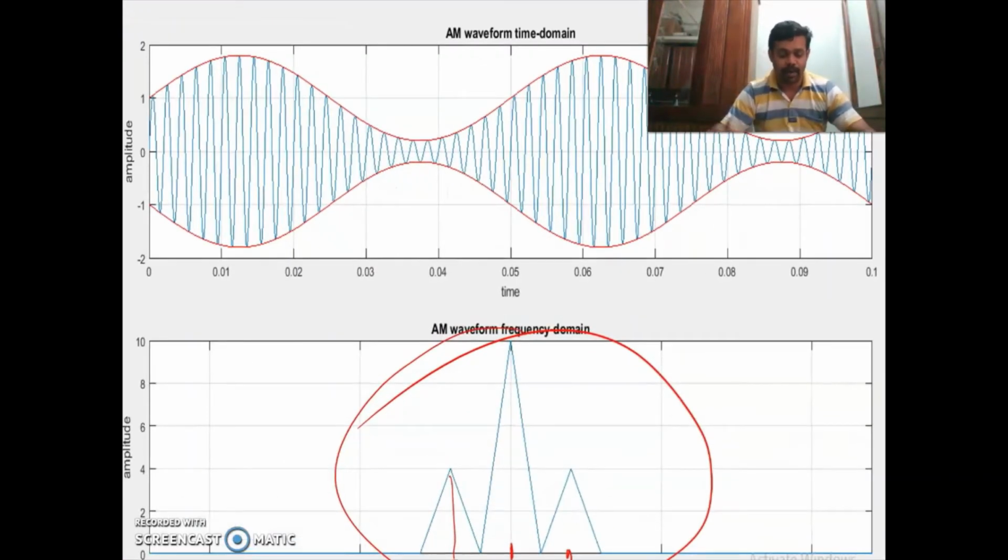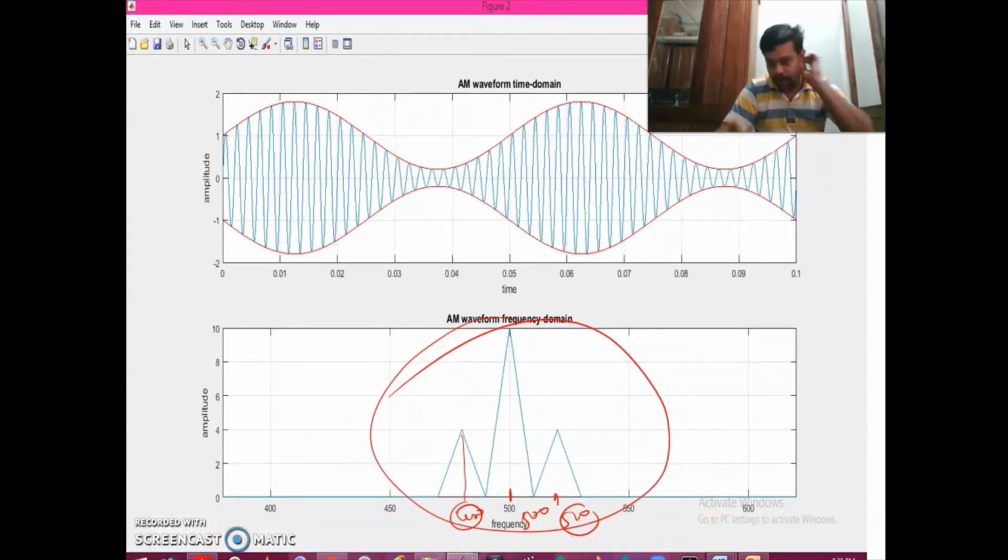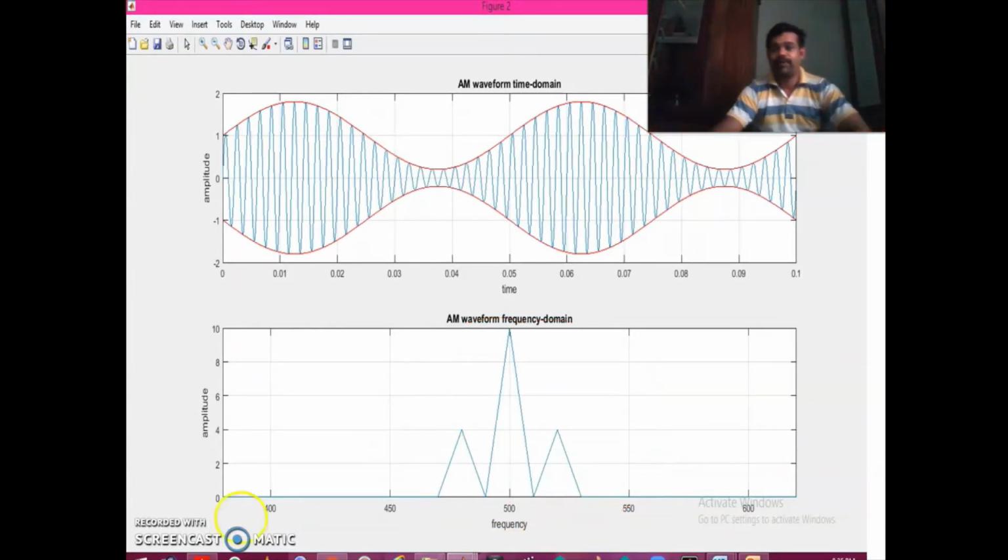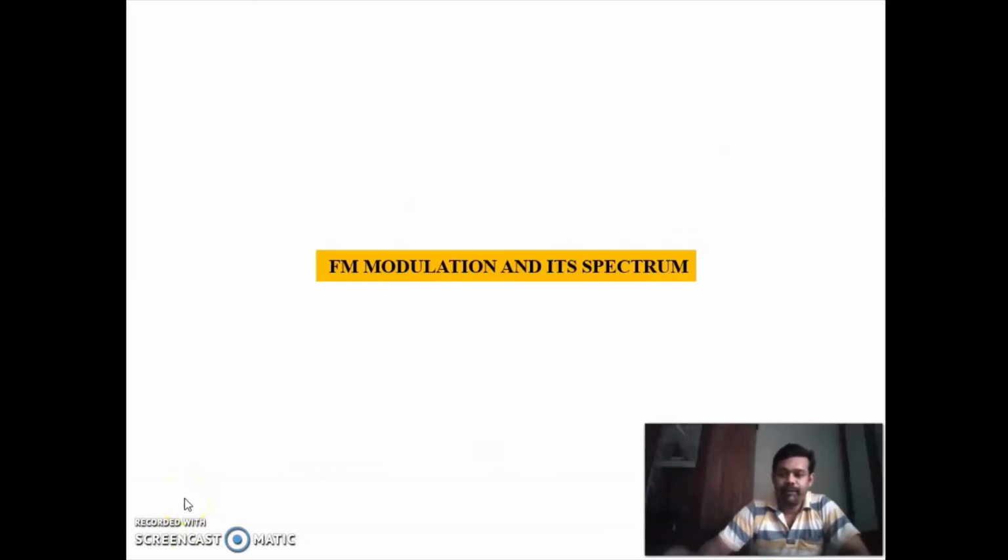This is the output of your program. So we have written the program for AM and we have simulated its output and its spectrum. Now we are going for the FM modulation and its spectrum.